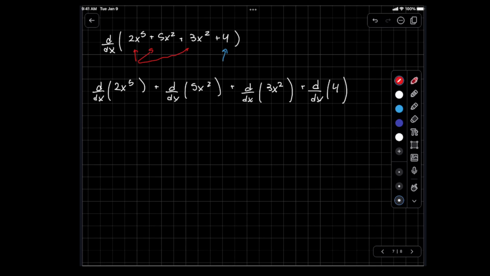Cool. So the first one, n equals 5, n equals 2 in the second one, and n equals 2. Here, n equals 0.